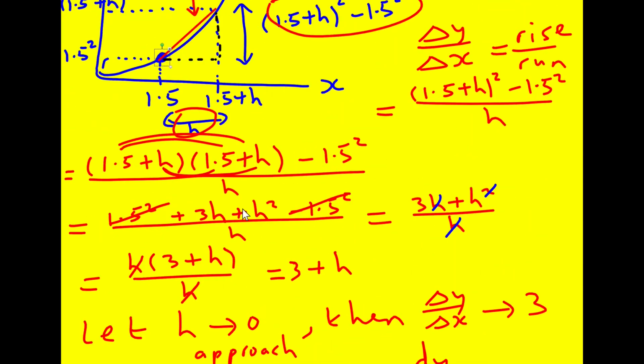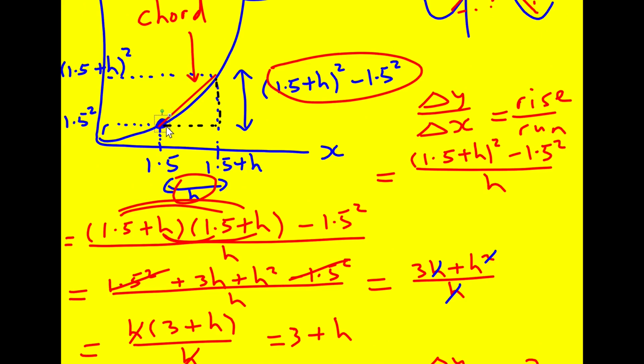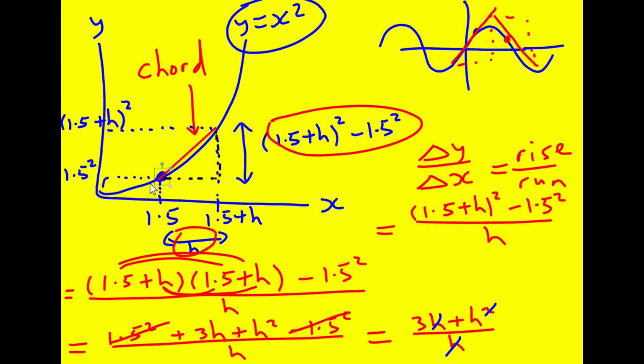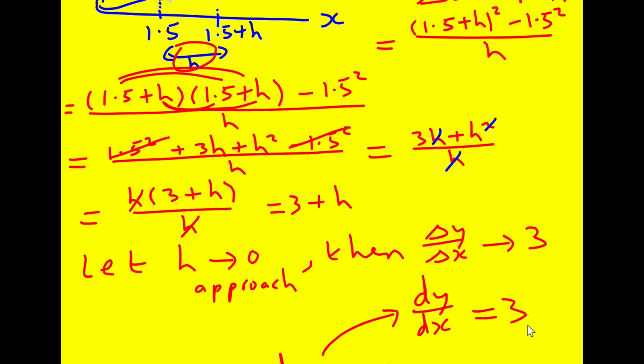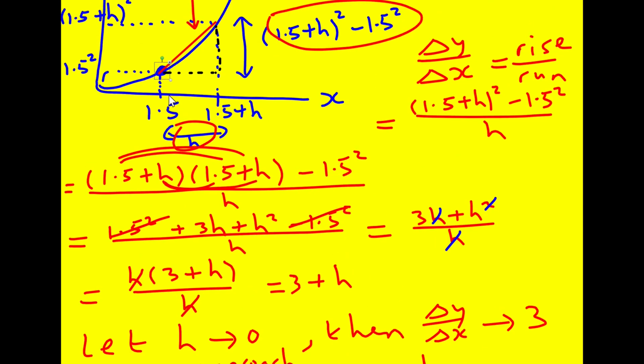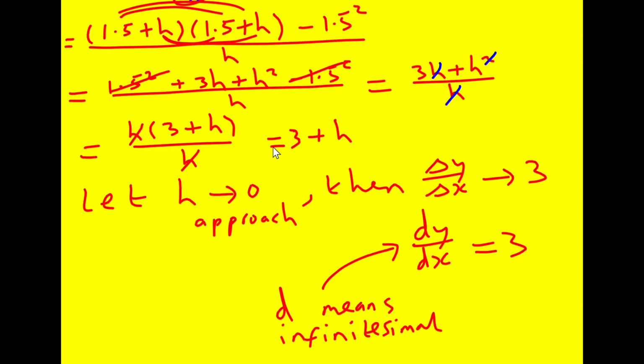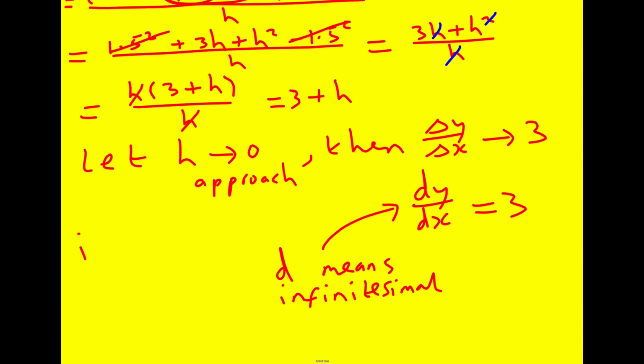So what we have just shown is that the gradient of y equals x squared at x equals 1.5 is actually equal to 3. It's going to change soon after, but we've now got the ability to calculate instantaneous gradients. This is another word for dy by dx, instantaneous, because a moment before and a moment after it will be different.